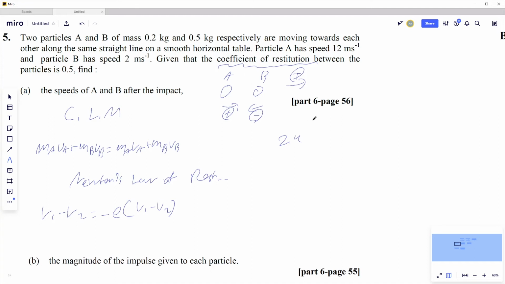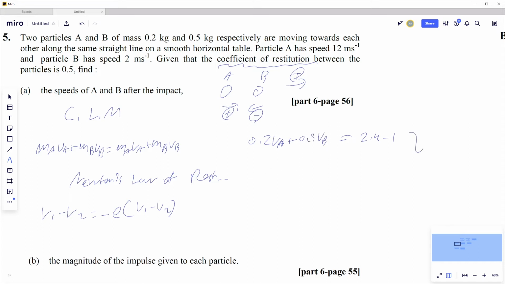Keeping in mind this is negative, so minus 1, equals, I'm going to swap because it's annoying, so I'll write here 2.4 minus 1 equals the final, so ma, which is 0.2, va plus 0.5 vb.